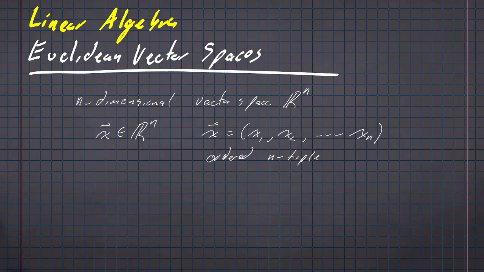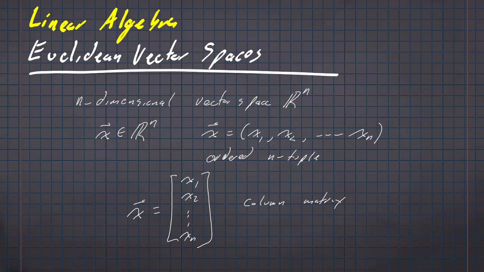Or, as we've mentioned previously, we can also think about vectors as column matrices. x is the matrix with entries x1, x2 down through to xn.